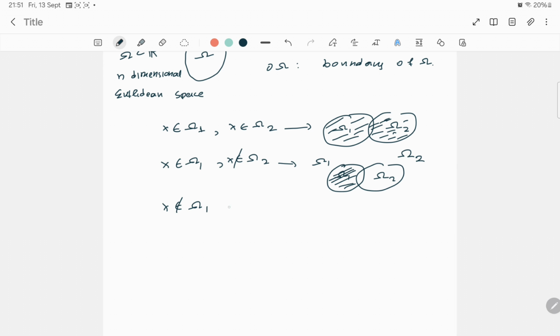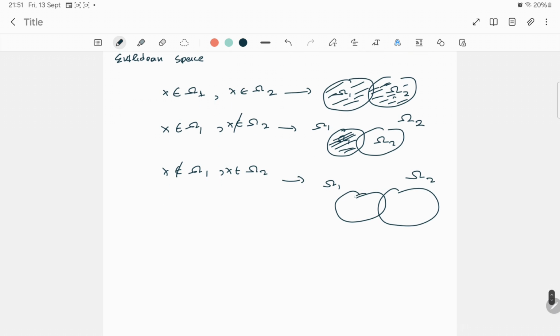X doesn't belong in omega 1, but x belongs to omega 2. So it's omega 1 and omega 2. I want these values here. Only these values in omega 2, but I don't want the values in omega 1.